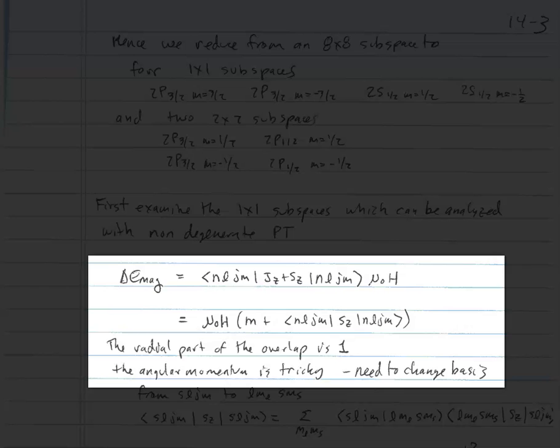When I look at the overlap, I have angular momentum states and I have radial states. Because the states are the same, the radial part of the overlap is just going to give me 1. The angular momentum piece is more complicated, and we have to work that out carefully.